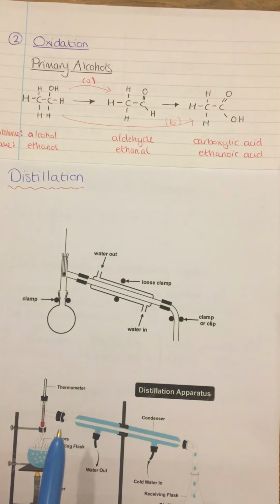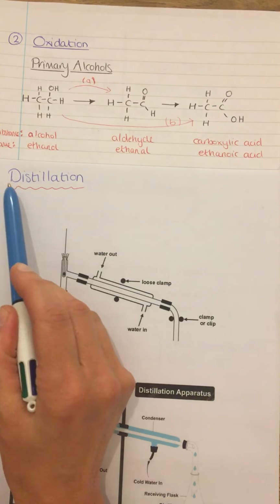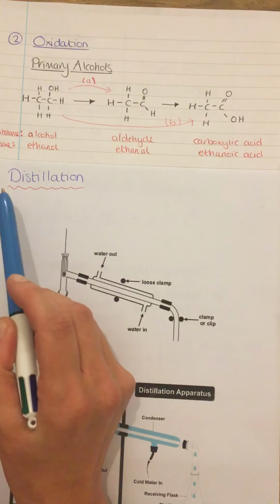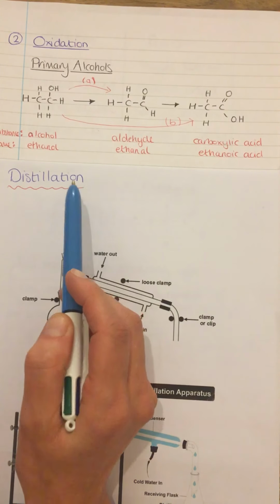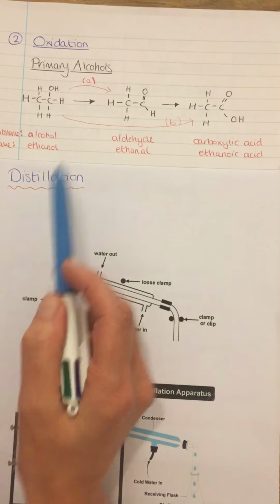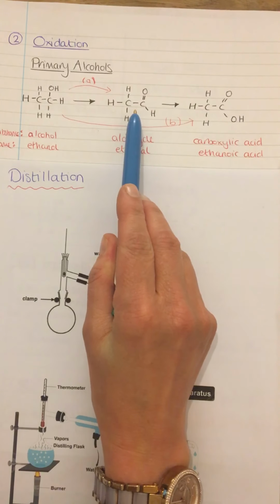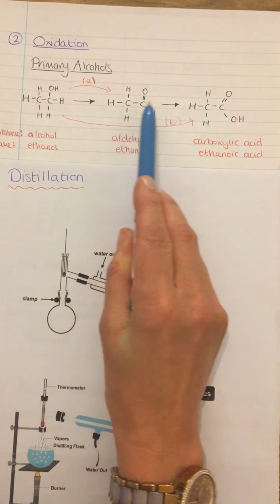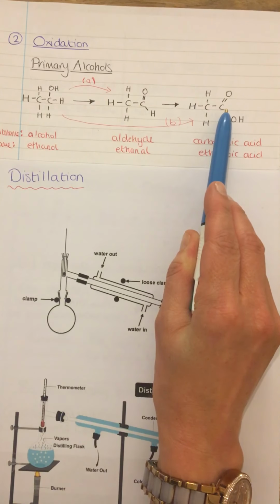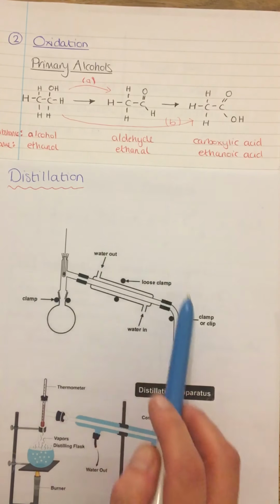Now, hopefully you're familiar already with this process, simple laboratory distillation. If you want to stop the reaction after the aldehyde has formed and not allow the aldehyde to convert into the carboxylic acid, then this is the type of experimental setup that you do.